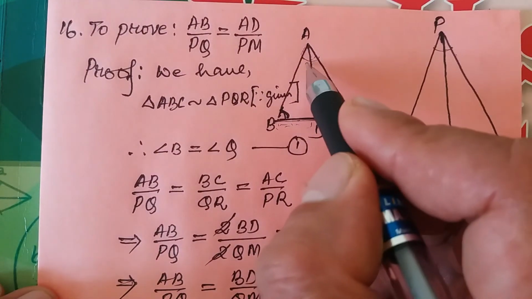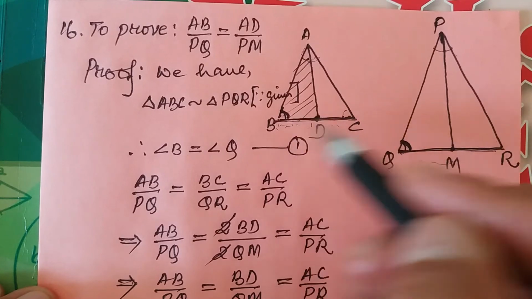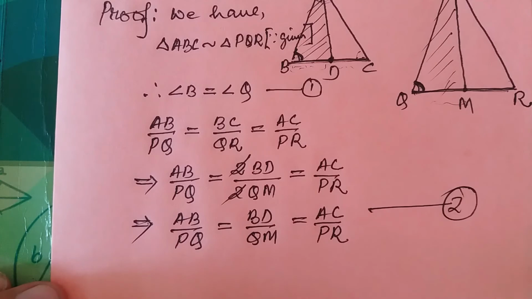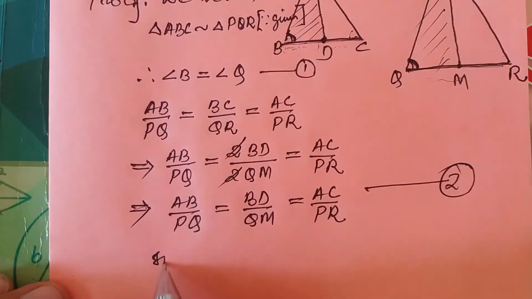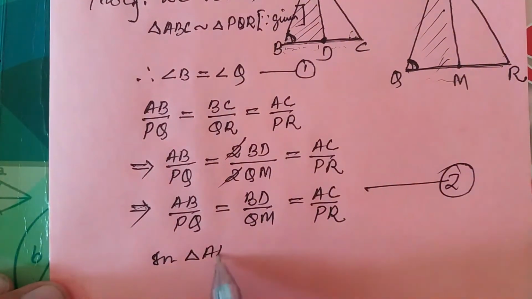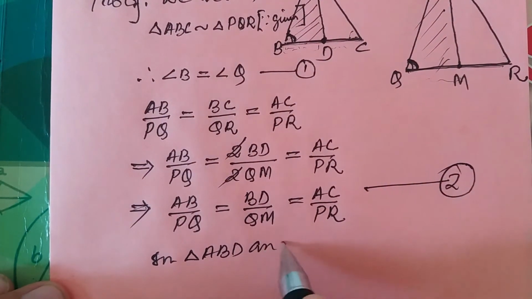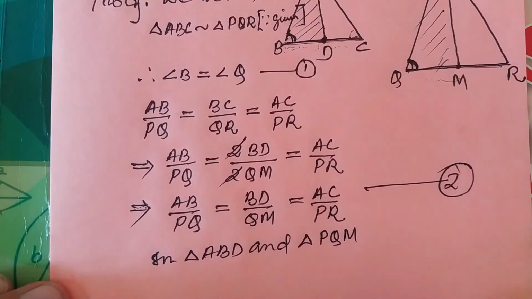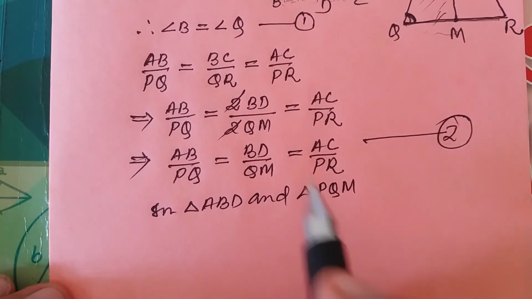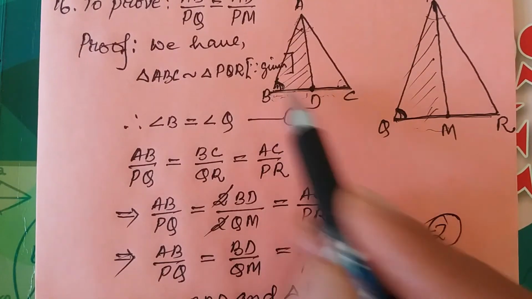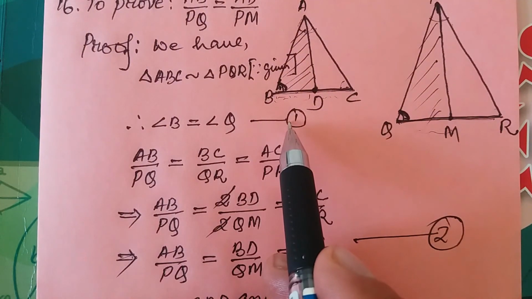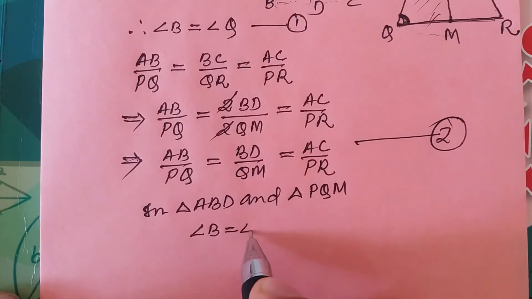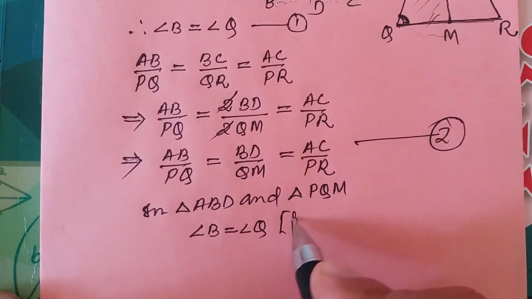Now next step, let's see what are equal in these two triangles. In triangle ABD and triangle PQM, we have these two angles equal, which is shown in 1 here. So angle B is equal to angle Q. This is from 1.